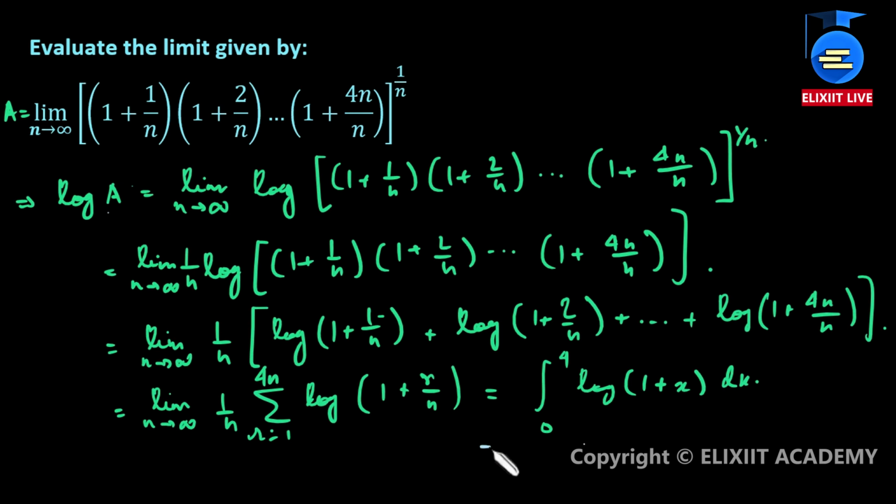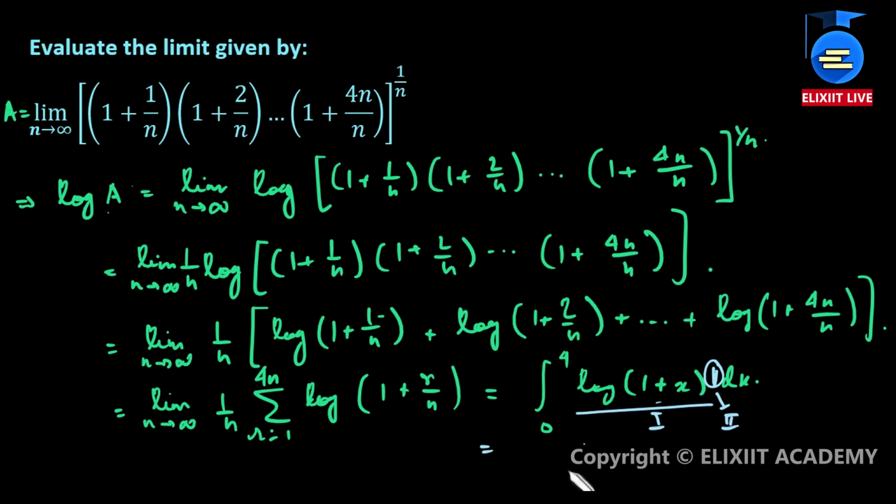So what I do over here, we have log of 1 plus x. I integrate this by parts. What is the first function? We have log of 1 plus x into 1. This is our first function and this is our second function, which is 1 over here.